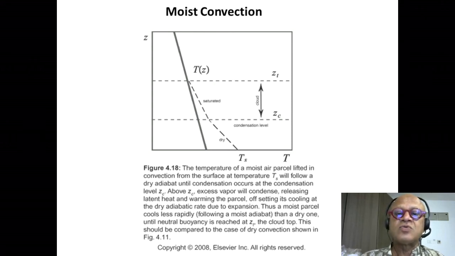Okay, so rising, cooling, air condensing, humidity reaching greater than saturation, so you need a condensation level. Further condensation is going to warm the air parcel, so you can see that it's not cooling as fast anymore, but eventually all the air is condensed and you're going to reach your neutral buoyancy, z_T.